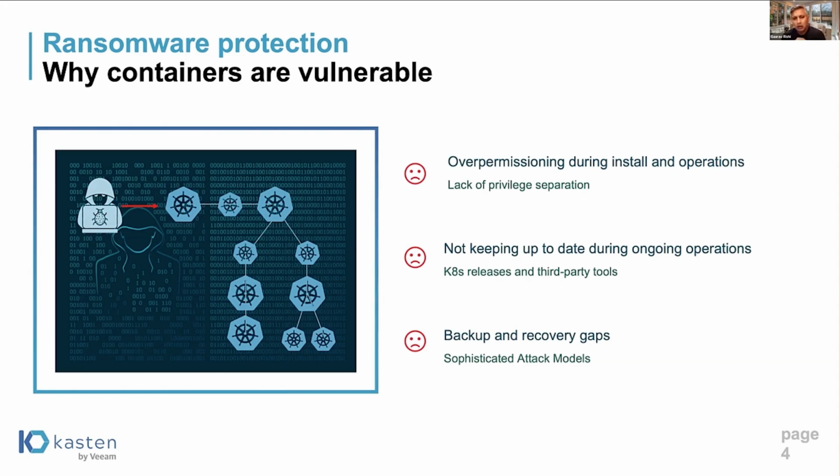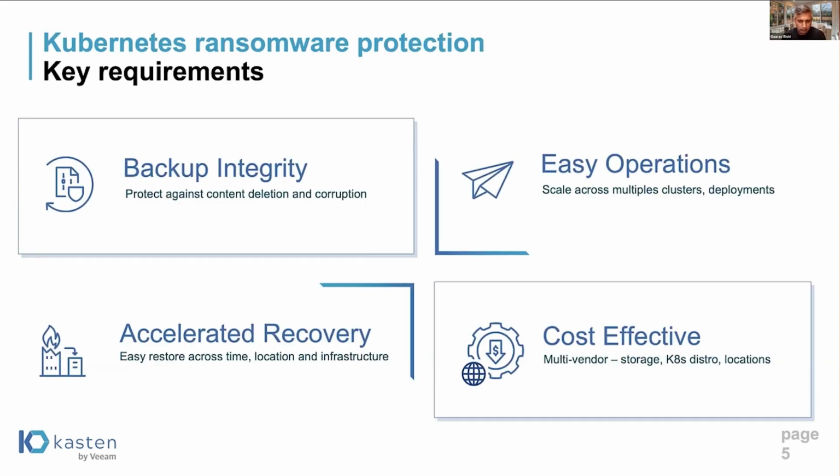Now, let's talk about when we went out to our customers and asked them, given the increase in your Kubernetes applications and the fact that we need to make sure we have a backup and recovery solution, what are the key requirements that we need from a solution like that? The first one turns out to be backup integrity. Like I pointed out, backup is your last line of defense.